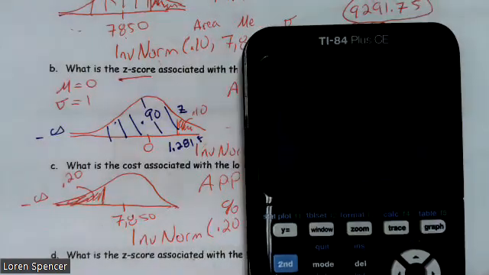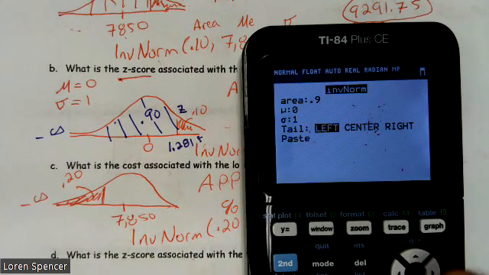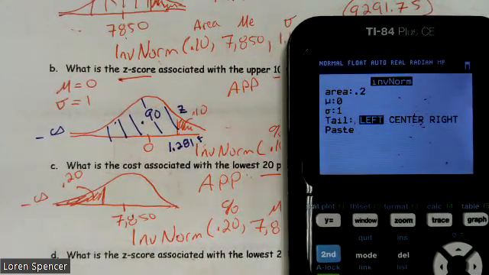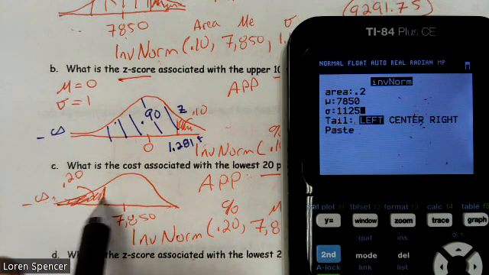And when we go ahead and plug that in, second vars, inverse norm, area of 0.2 or 20%, mean 7,850. The standard deviation is 1125. And this time we are actually shading from the left.